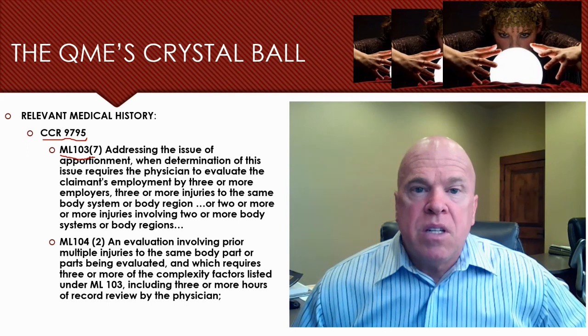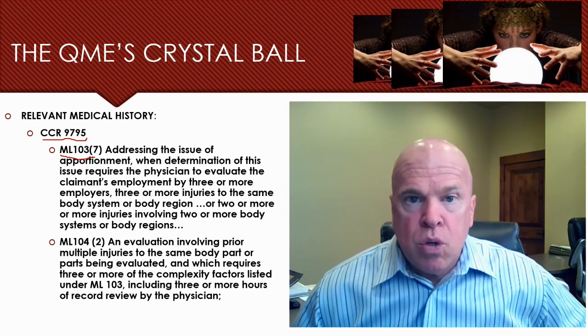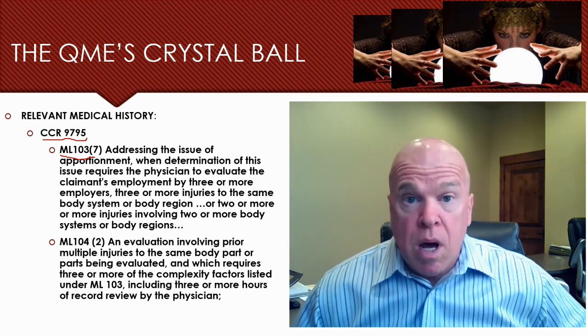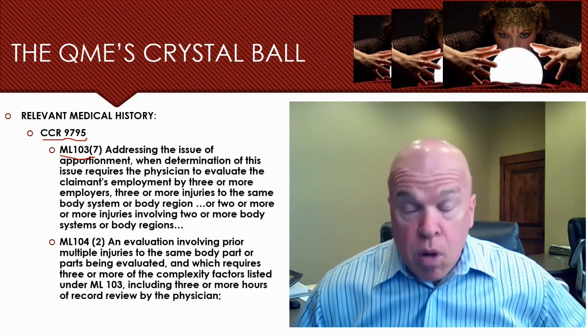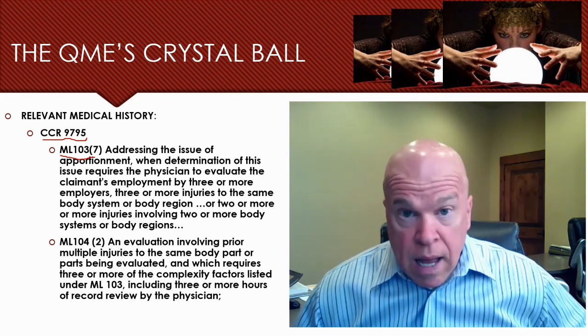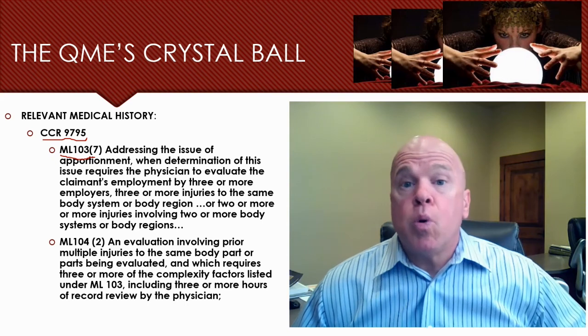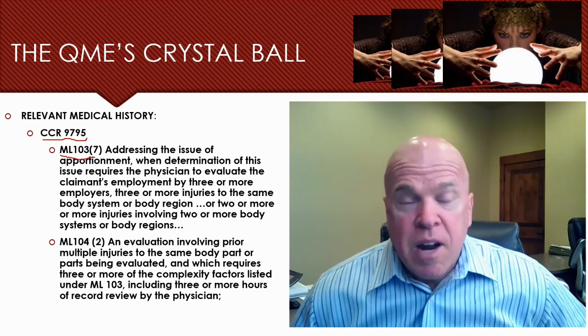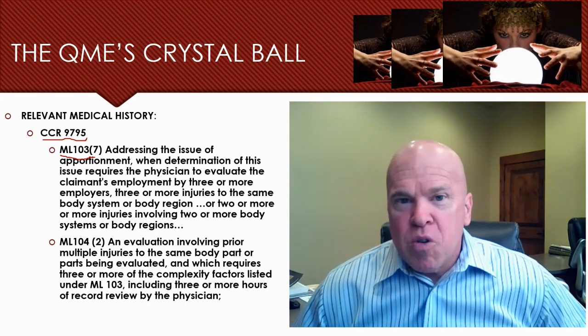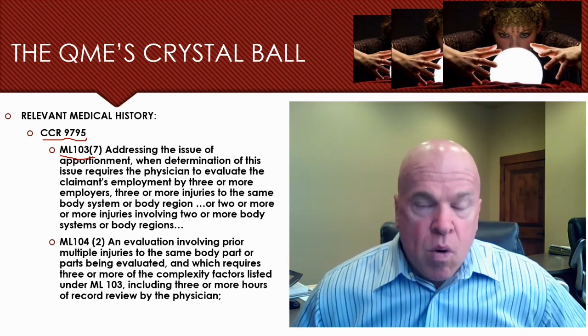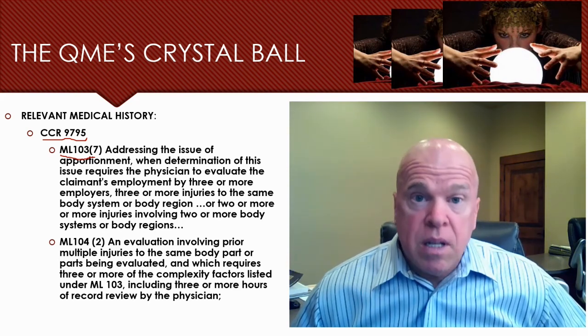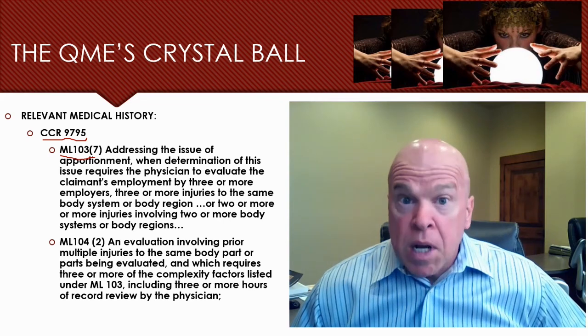And part of the Senate Bill 899 package had to do with changes to apportionment laws that provided that the employer is only liable for the portion of the permanent impairment directly due to the industrial injury. And that's wherein the qualified medical evaluator's apportionment determination becomes critical.